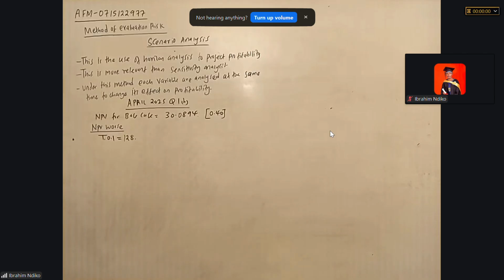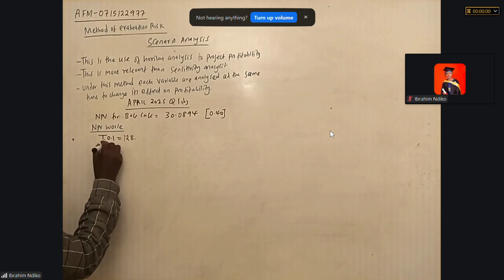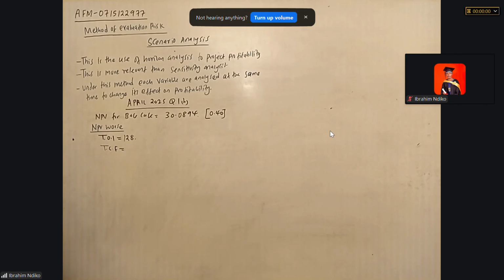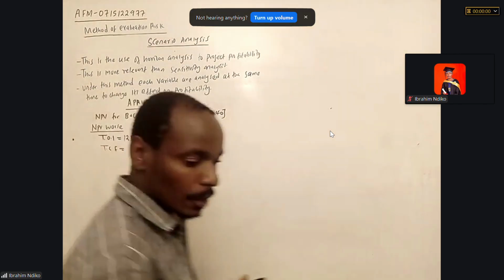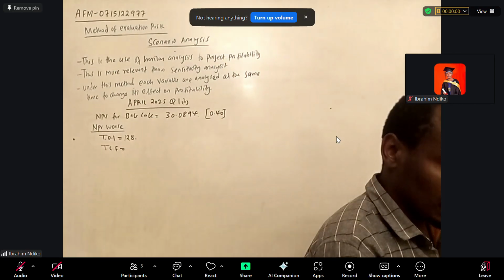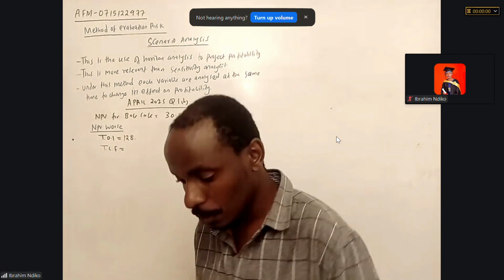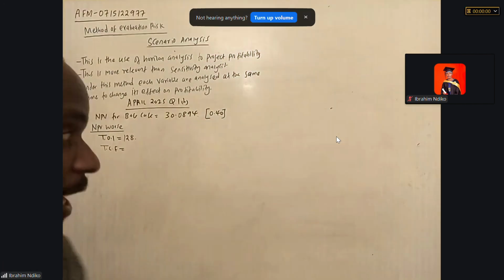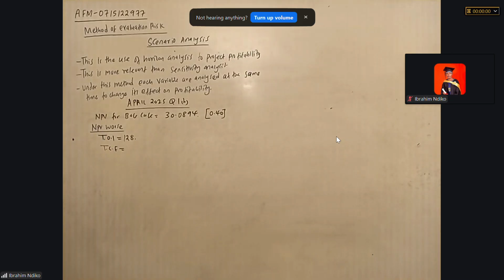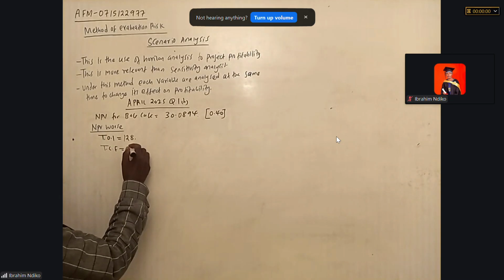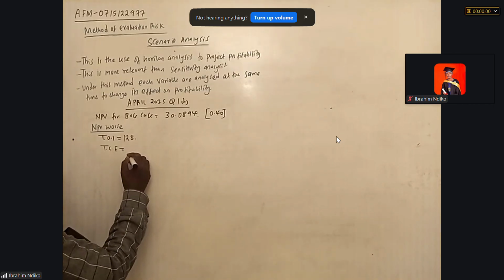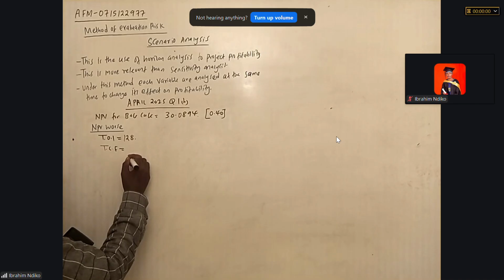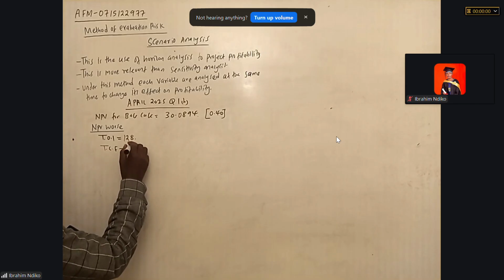Now let us see the savings. We have terminal cash flow, sivyo? Yes. Even the terminal cash will remain the same. Now it depends with the question. Tumepewa net operating working capital, ngapi? For us it is 6.4 million.